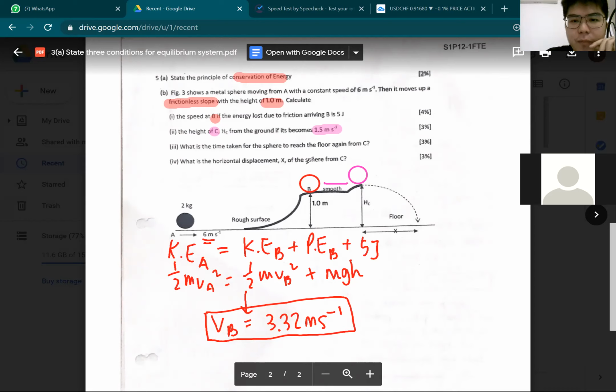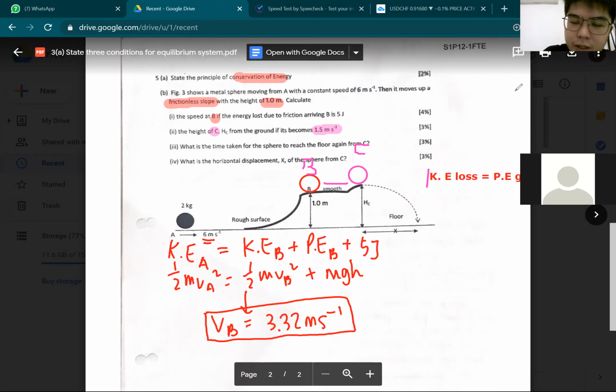From point B to point C, we are considering this movement. We take the kinetic energy loss equals to the potential energy gain, from B to C. How do you calculate the kinetic energy loss?